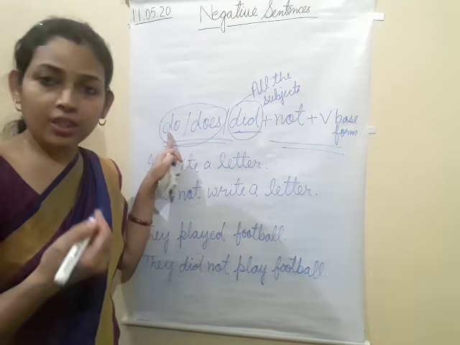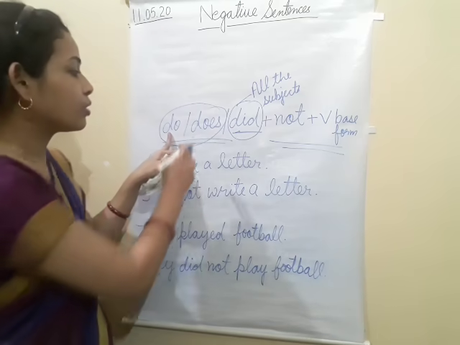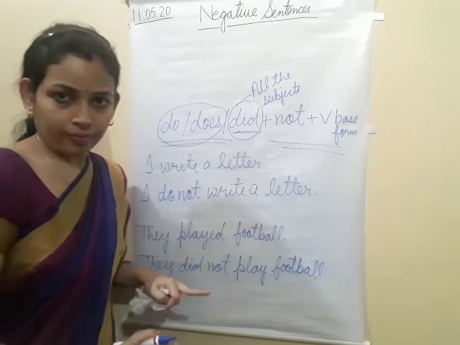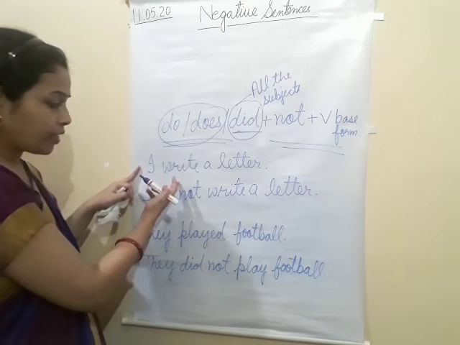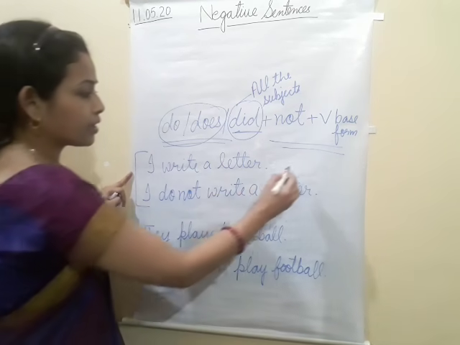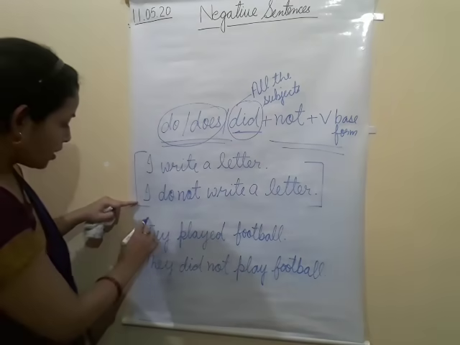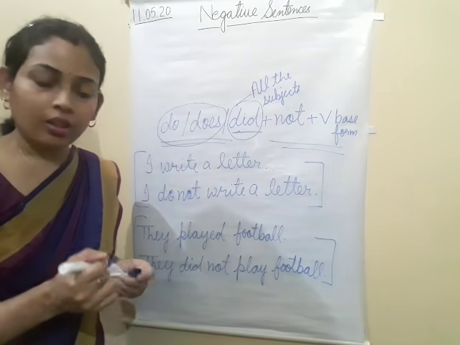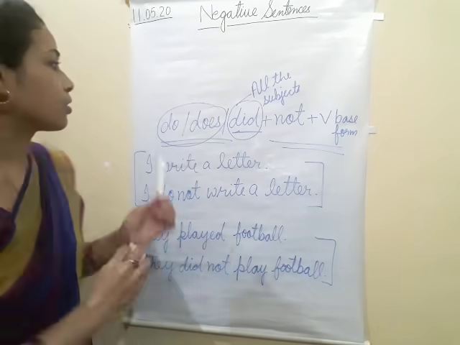With he, she, it, and one name we use does. The rest will be the same. I have written one example here. You can see this is the example of simple present tense, and this one is the example of simple past tense. I hope it is clear.